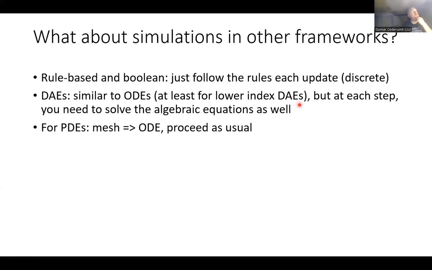PDEs, partial differential equations. I mentioned those models, for instance, in connection to blood flow models, when you typically have partial differential equations if you simulate the full three-dimensional evolution over time. And basically what you do then is that you construct a mesh. So you subdivide the space into small areas, like triangles.